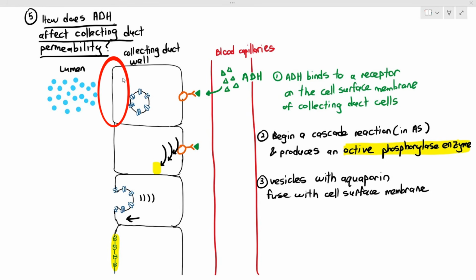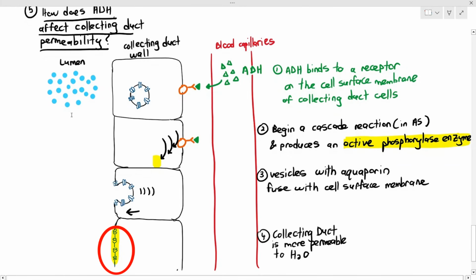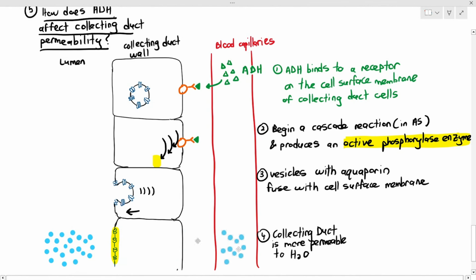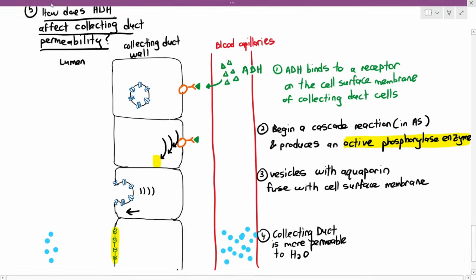and see here, look at the cell surface membrane at the top that I'm circling in red. Was it permeable to water? No, it wasn't. But look at the one at the bottom that I'm highlighting. The collecting duct is now more permeable to water. How is that so? Because it has more channel proteins for water, or aquaporins. Therefore, in this case, the collecting duct is more permeable and it reabsorbs more water.